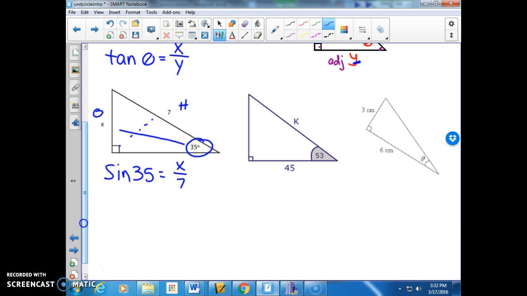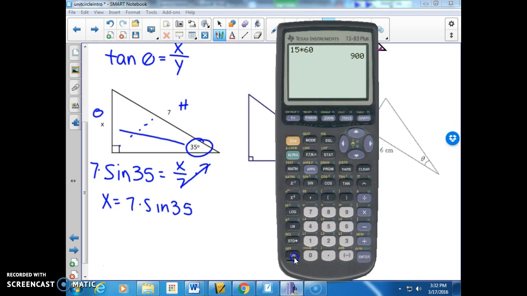So now we need to solve that. We're going to multiply both sides by 7, just like we would any other equation, to get these to cancel. So x is whatever 7 times the sine of 35 is. I'm going to figure that out by putting it in my calculator. The first thing I need to check is to make sure that my calculator is in degree mode. 35 is in degrees, so I need to be in degree mode.